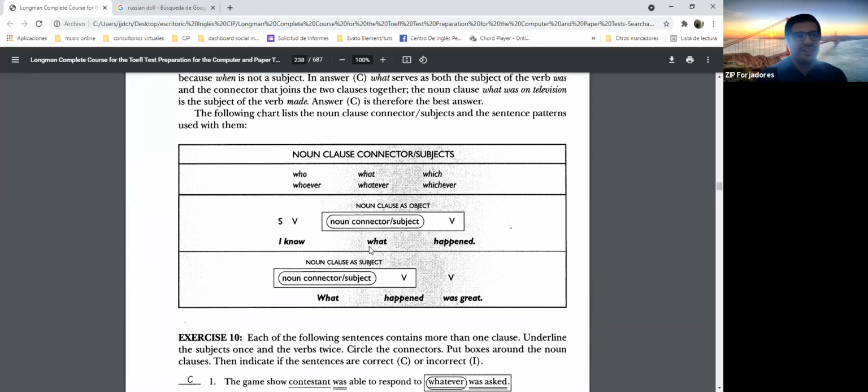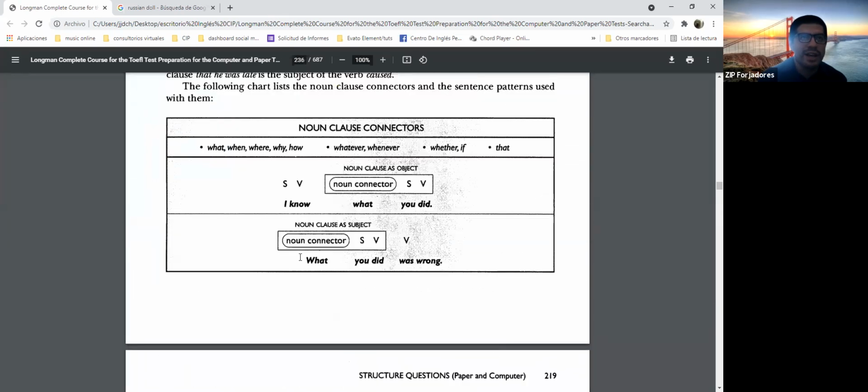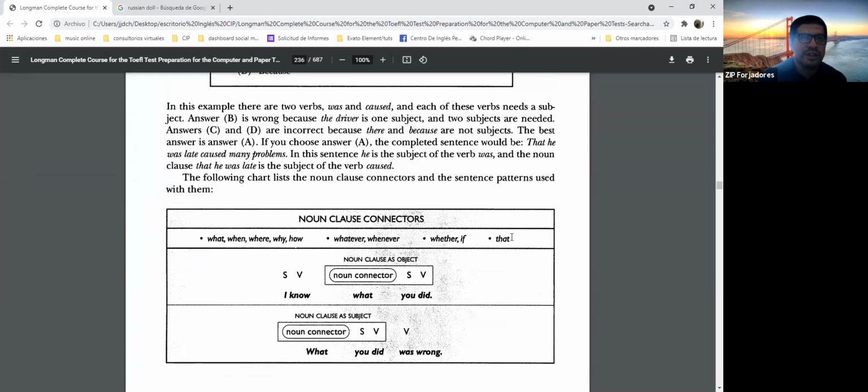Here's the structure. Only with these connectors. If you notice, this is the first one that we have seen: who, whoever. In the other one, we lacked who. Who is not a noun clause connector there.